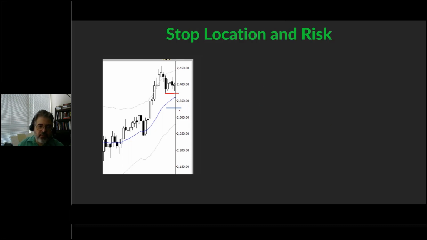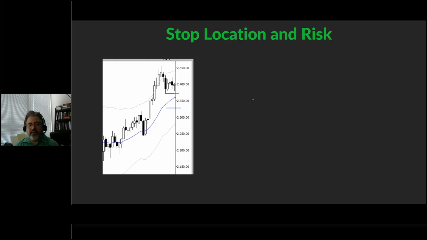So, if you just look at these, somebody might say, well, the blue stop is obviously higher risk. Now, it would be higher risk. Here's the misconception. If you're just trading the same size, right? If you're buying 10 contracts of the S&P, then you're going to have a much larger loss when that blue stop is hit.